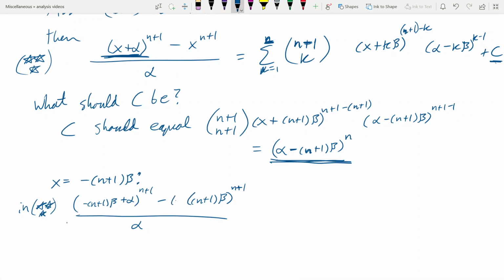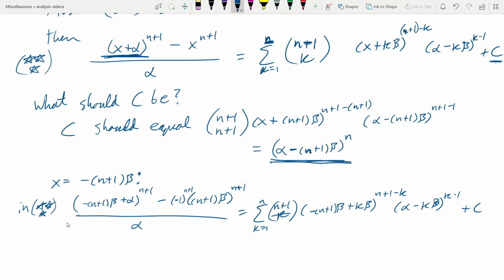So it's going to be negative 1 to the n plus 1 actually, because the power has to apply to both. This is going to be equal to the sum that we have over here: n plus 1 choose k, sorry, negative n plus 1 beta plus k beta to the n plus 1 minus k, alpha minus k beta to the k minus 1, and then plus c.